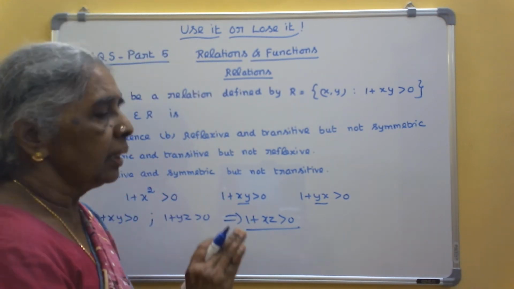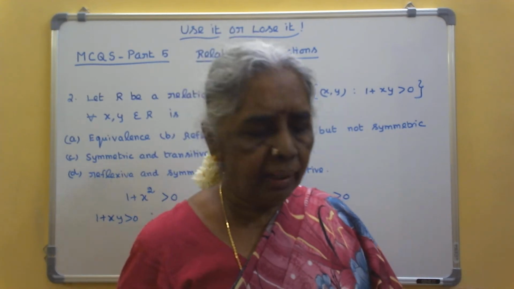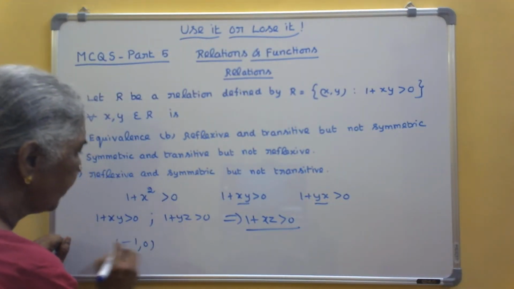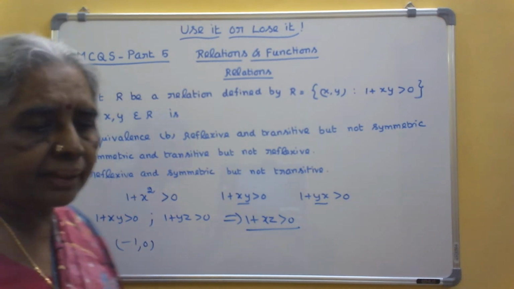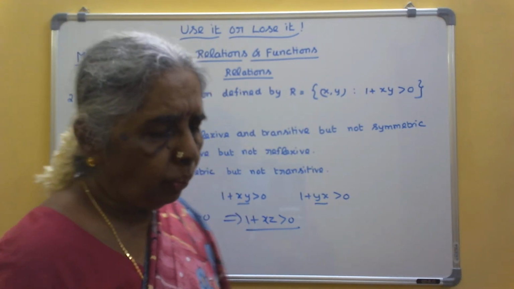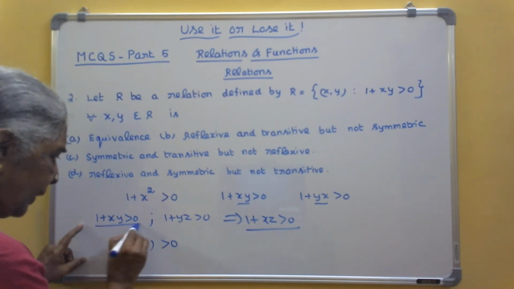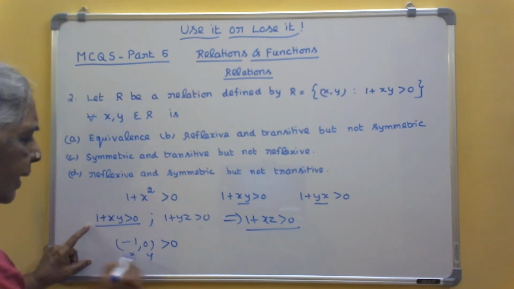So now here I am going to take first (-1, 0). That is, this is the x and that is the y. Now you know this is in the relation, because this is x, this is y.